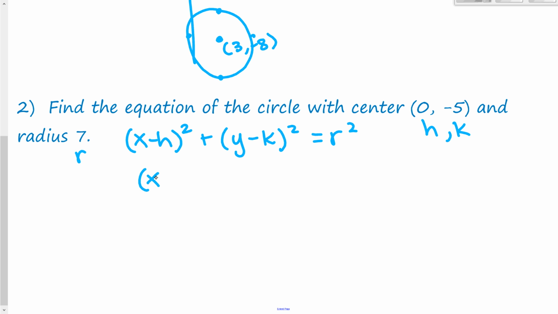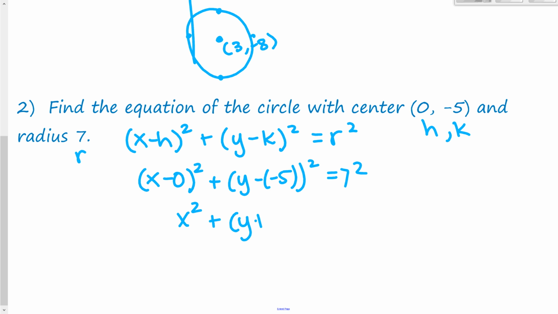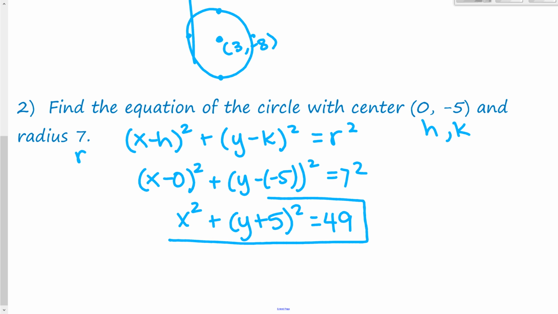So we have (x - 0)² + (y - (-5))² = 7². And we're going to simplify that. So we have x² + (y + 5)² = 49. And that would be the standard form equation. If it says what's the equation, assume that it means what's the standard form equation.